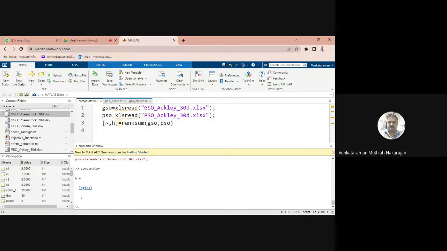What I have done effectively is I have stored in an Excel file the Ackley function results for 51 trials.